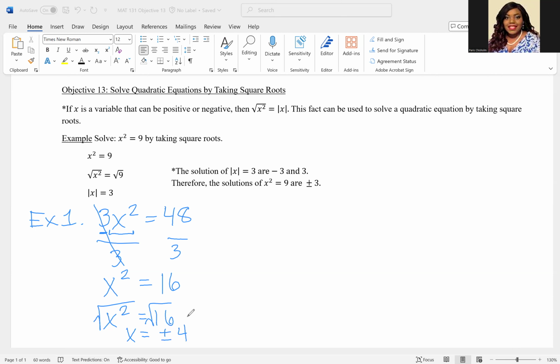It's going to be plus and minus 4, which means we have two x's. We have positive 4 and negative 4, okay? So on your paper, you can write plus and minus 4, or you can write 4 and negative 4, okay? Either way, it needs to be negative 4 and positive 4, or positive 4 and negative 4. All right, let's look at another one.